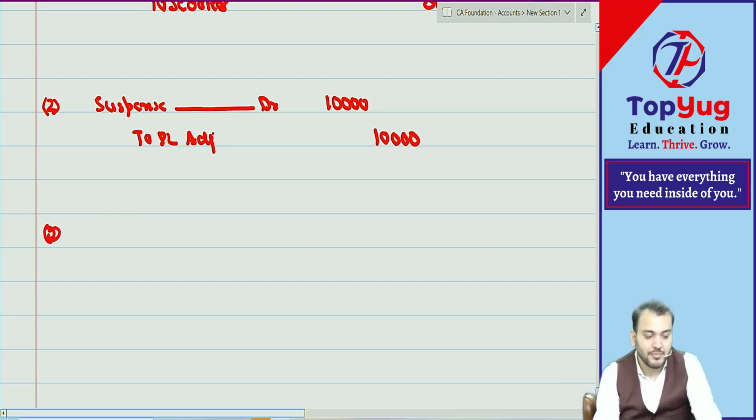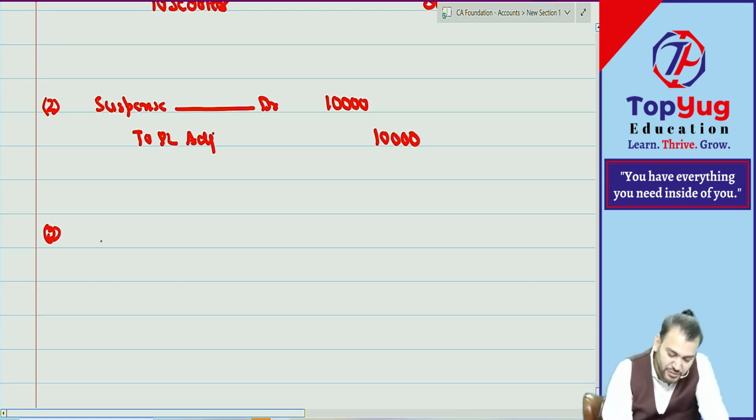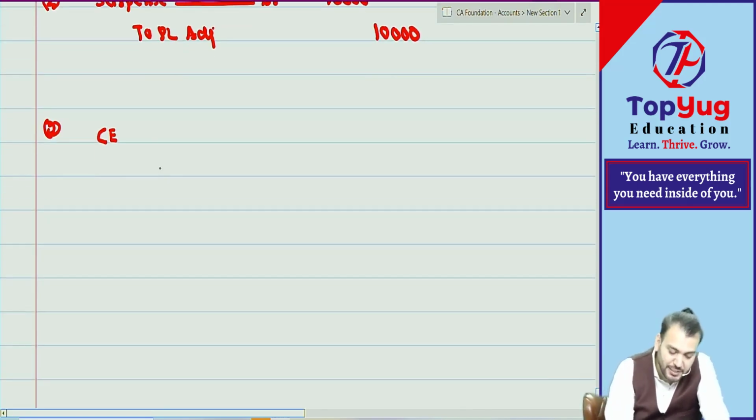It will be 4000. Let's see, what is the correct entry?